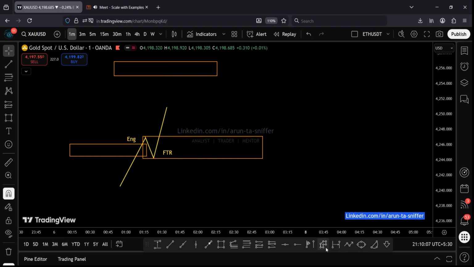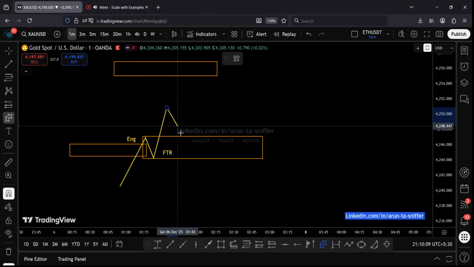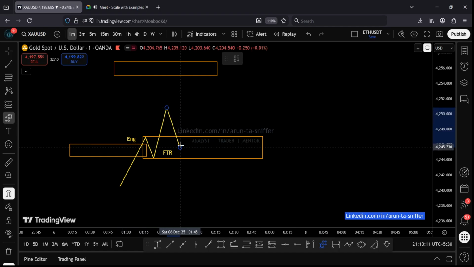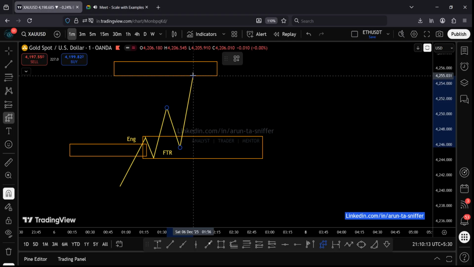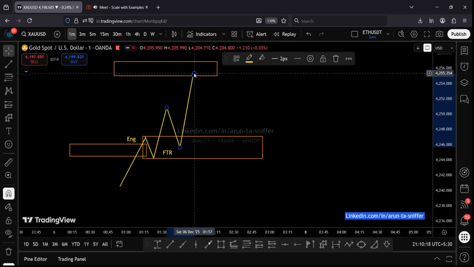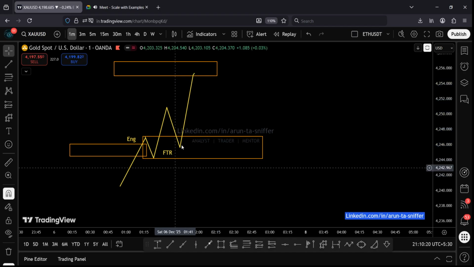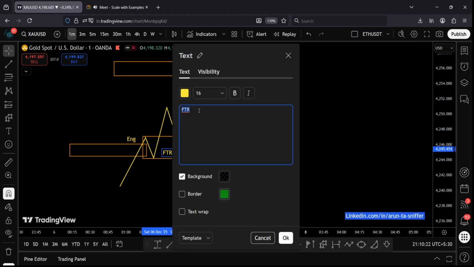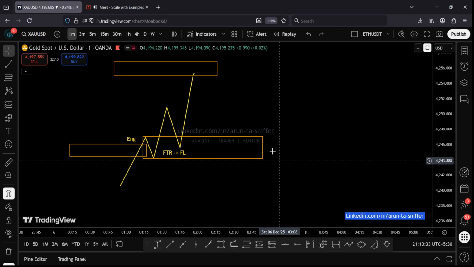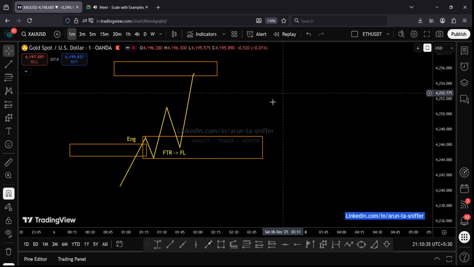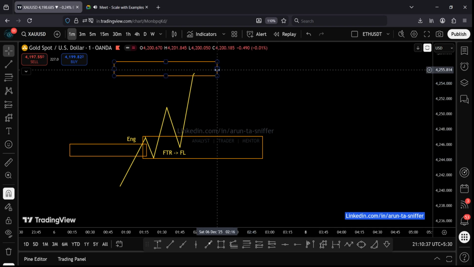And when price pulls back again to the same zone and goes back like this, what does this become? This becomes our FL, right? Now this is FL.